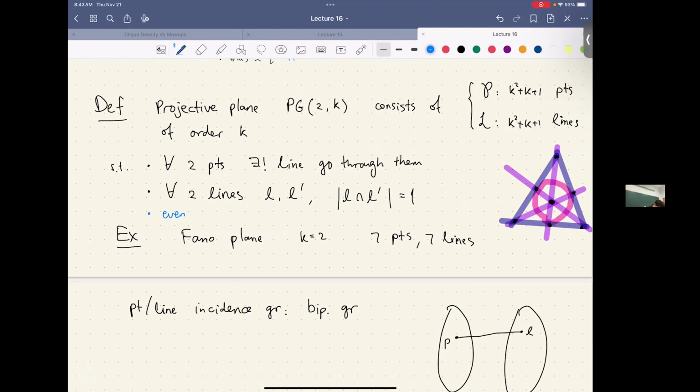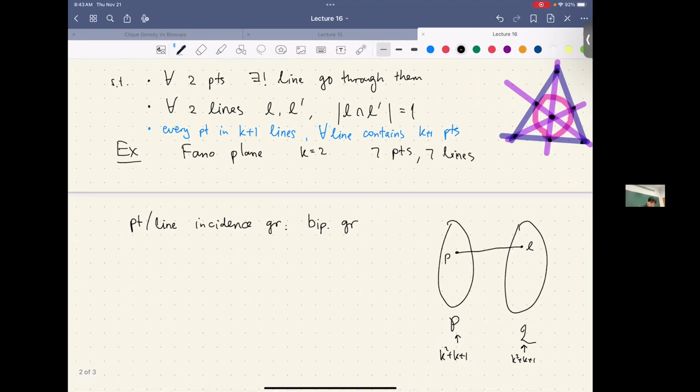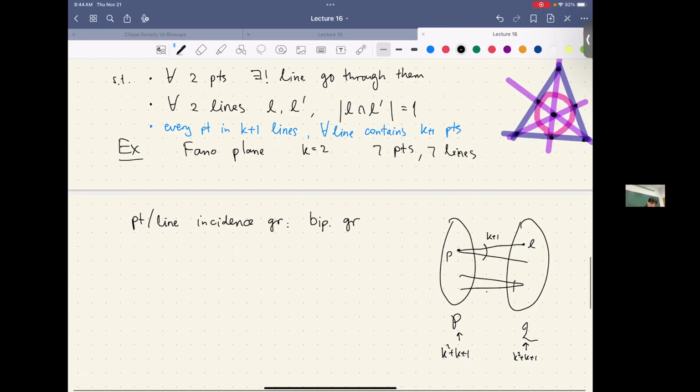So every point lies in k+1 lines, and vice versa. Every line contains k+1 points. What does it mean in this graph? In this graph, that just means the graph is k+1 regular, right?